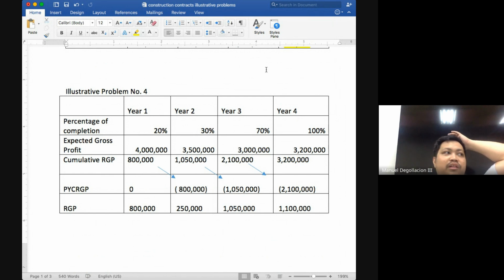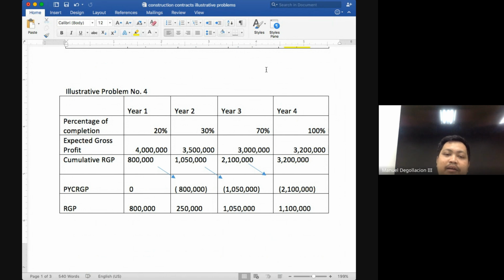Okay. How do you get your gross profit, class? Contract price minus estimated construction cost. So normally the contract price would be constant, class. So the changes in your gross profit is caused by changes in the estimated construction cost. So if your expected gross profit went down, the possible explanation there is that the estimated construction costs went up.